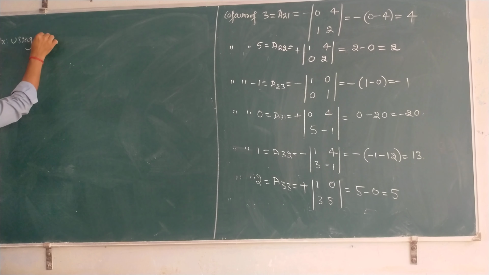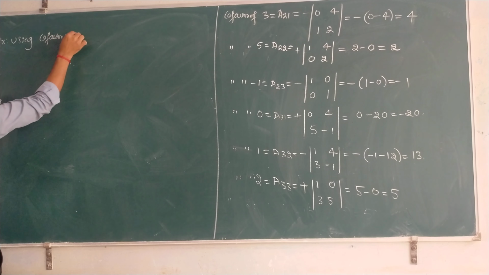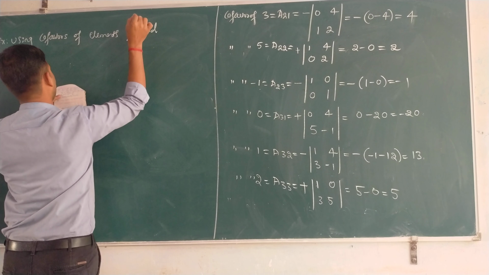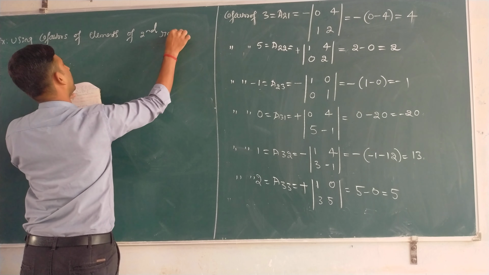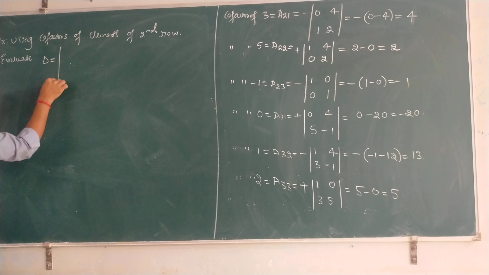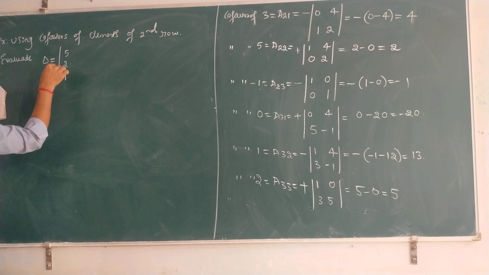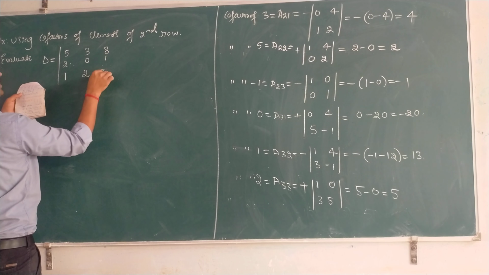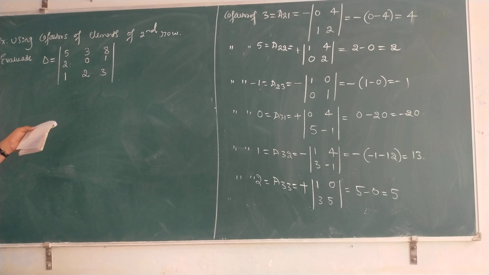Using cofactors of elements of the second row, evaluate delta is equal to the determinant with rows 5 2 1, 3 0 2, 8 1 3. What we have to find out?